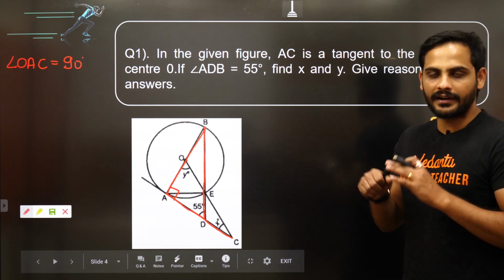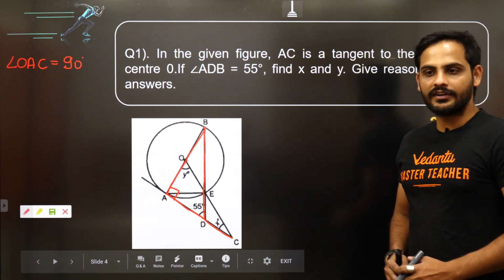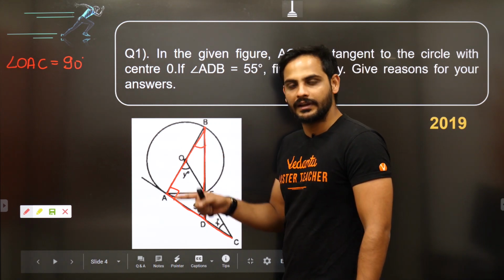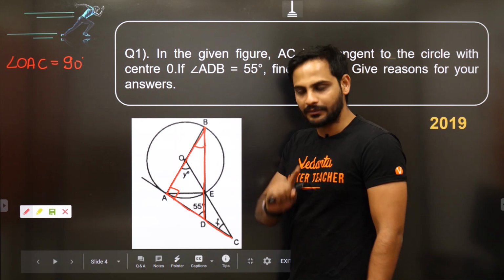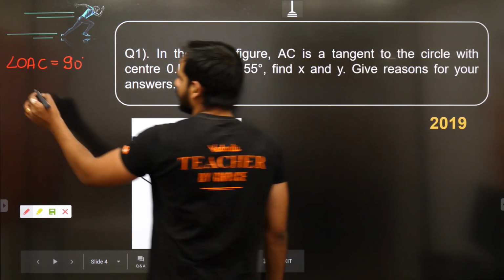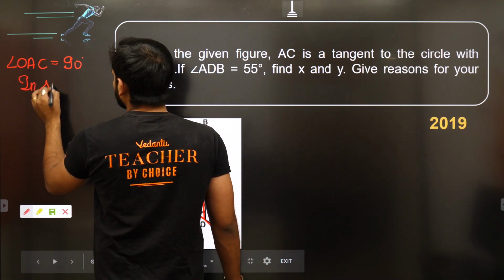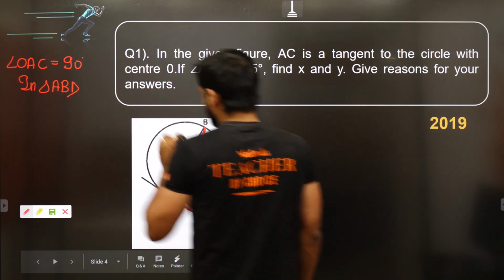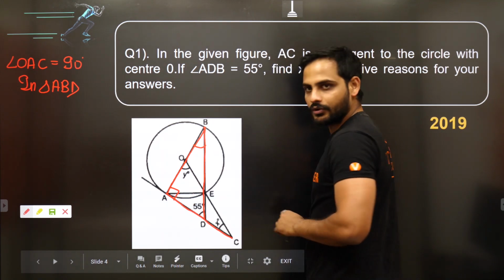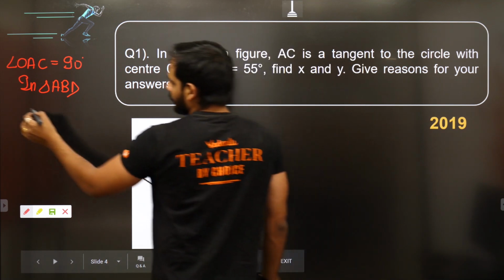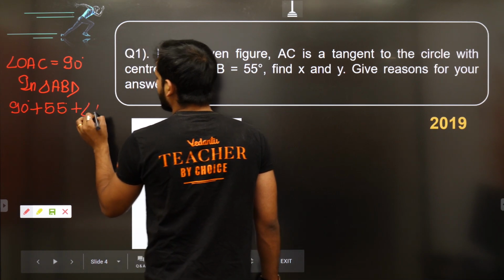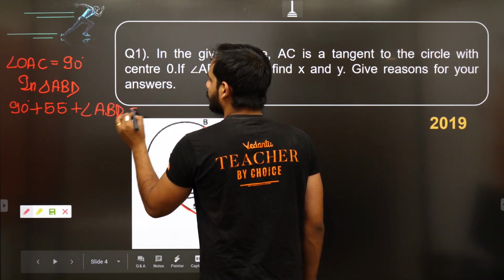Whenever the problems are related to angles, try to get as much information as you can. Even though it seems irrelevant, it doesn't matter to me. They are not asking what is this angle B, but I will find it out because it will help me in some other way. So in triangle ABD, this 90 degrees plus 55 degrees plus angle ABD should be equal to 180 degrees.